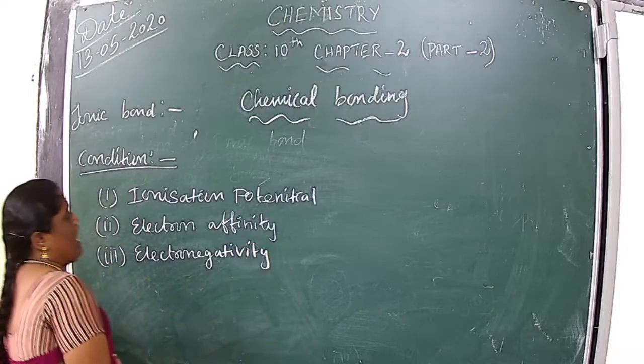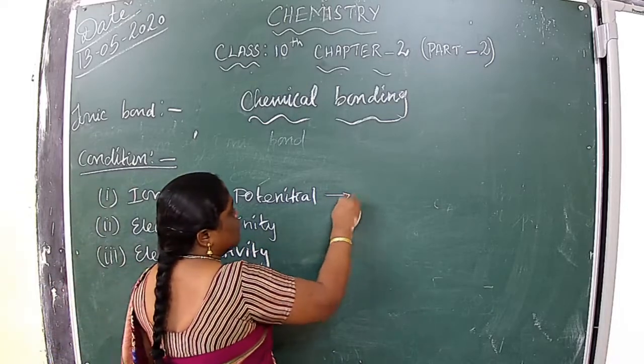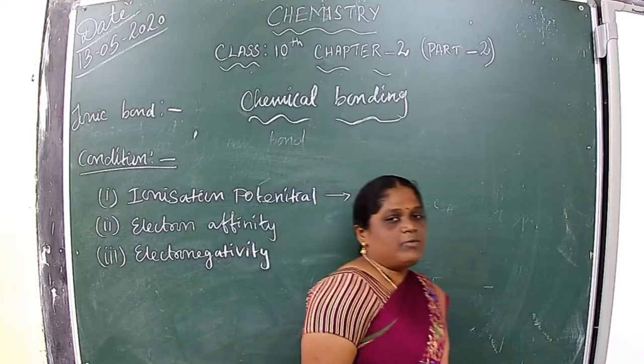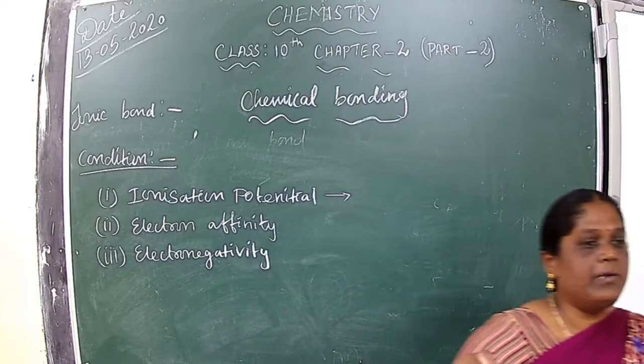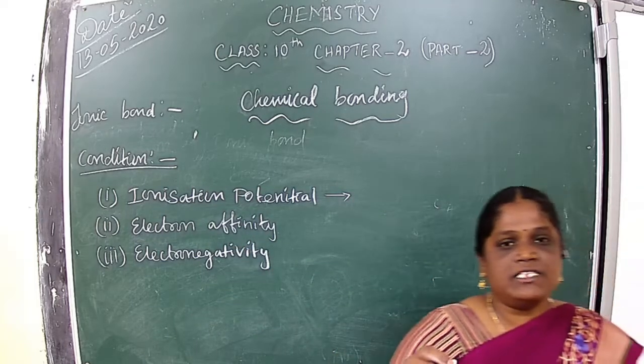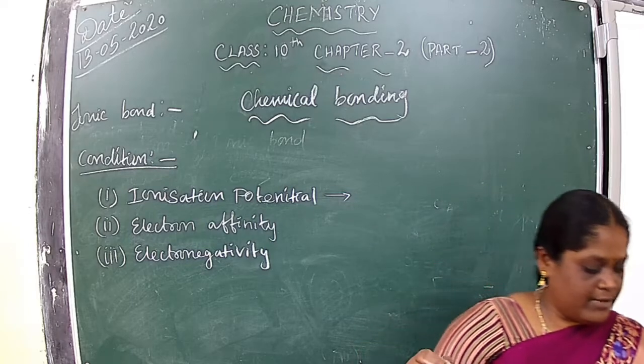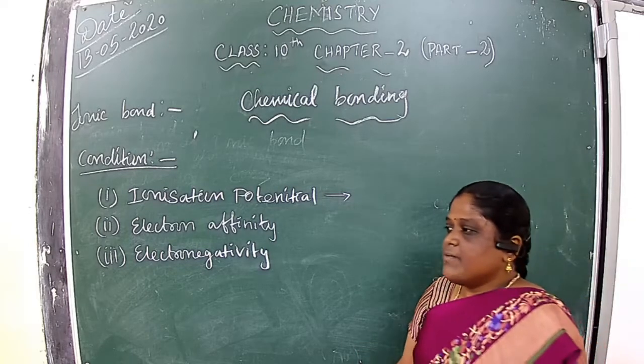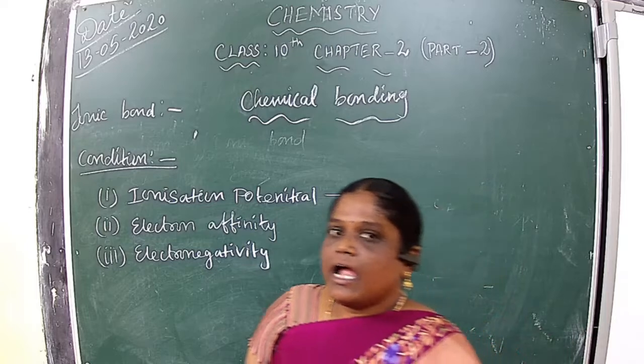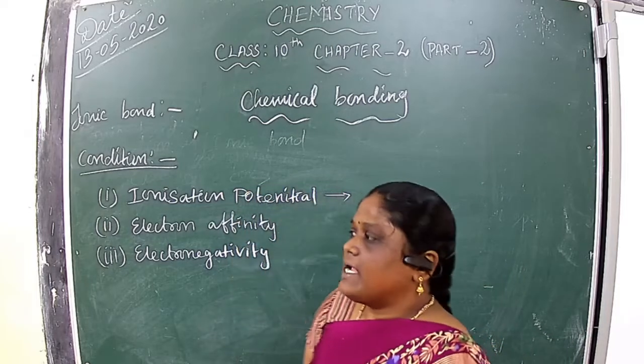See, we know ionization potential. Ionization potential means the amount of energy required to remove an electron from an isolated gaseous atom. It gives the electropositive character and forms cations.